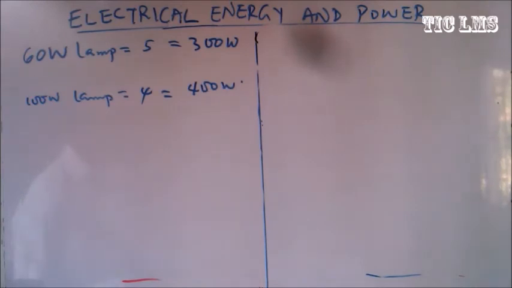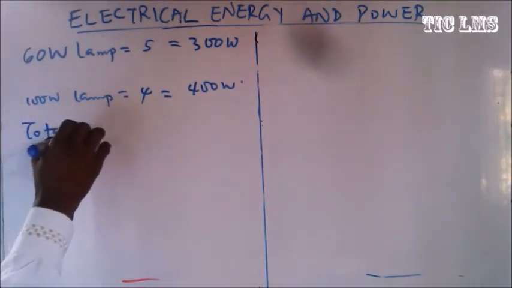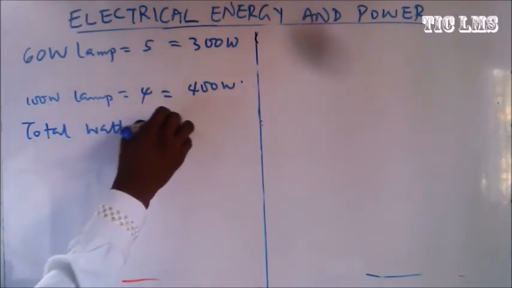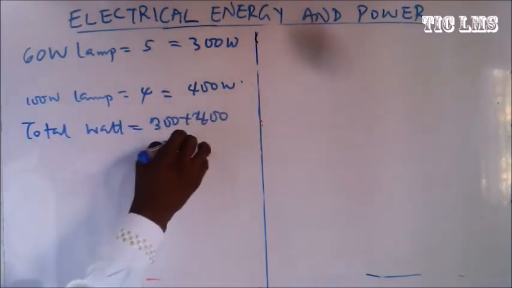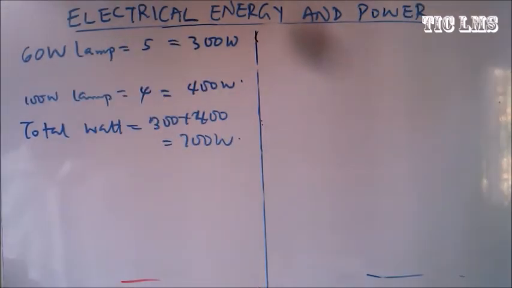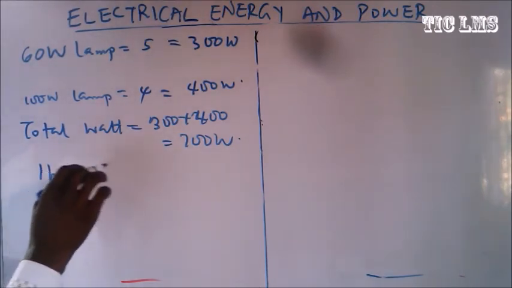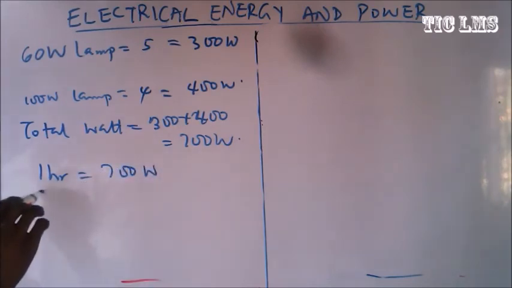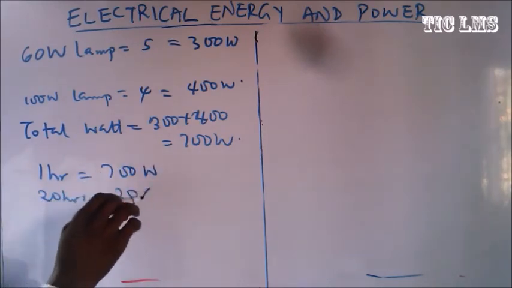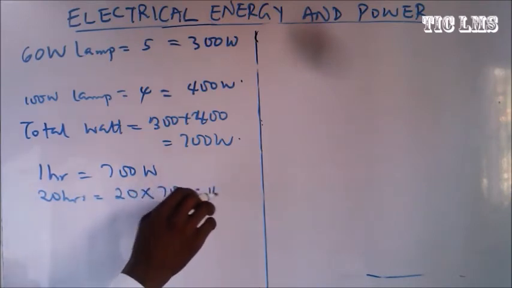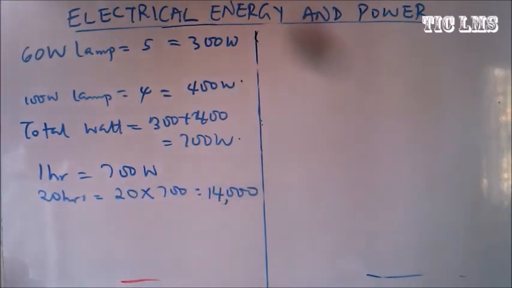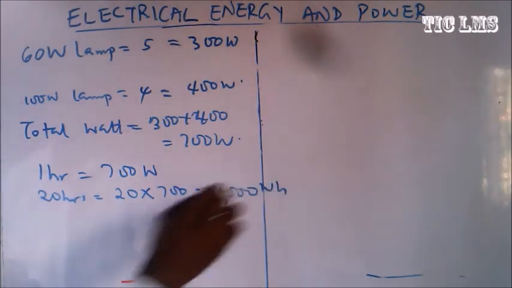Now I want to calculate the cost of using these lamps for 20 hours. First, we'll get our total watts, which is 300 plus 400, and that gives us 700 watts. Now we want to calculate the kilowatt hour. For 1 hour it will be 700 watts, but for 20 hours that will be 20 times 700, and that will give us 14,000 watt hours.